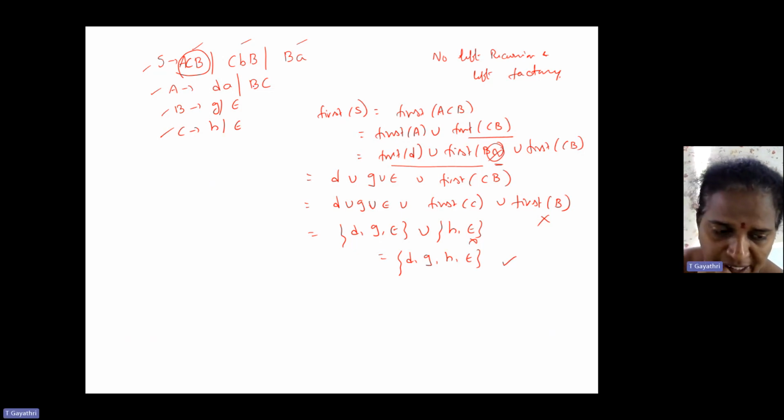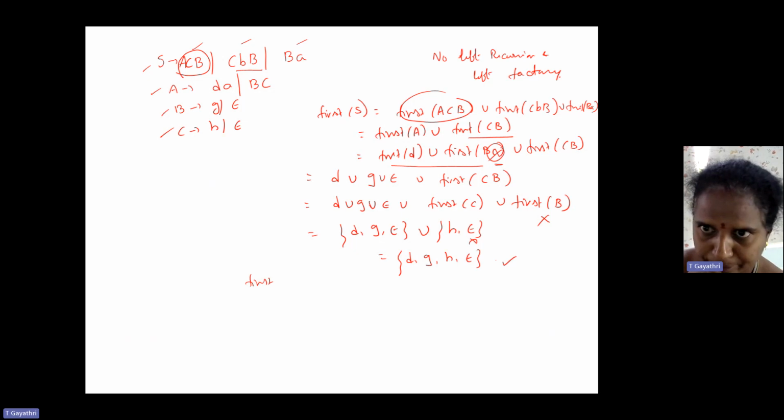Okay, so next we can find out the CbB. Again, it means union first of CbB, union first of Ba. So this part is over, and that output is this one.